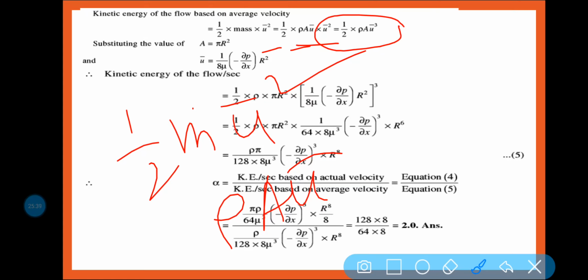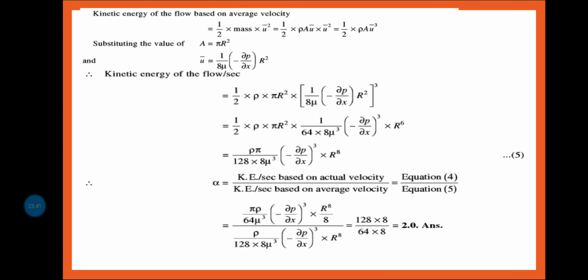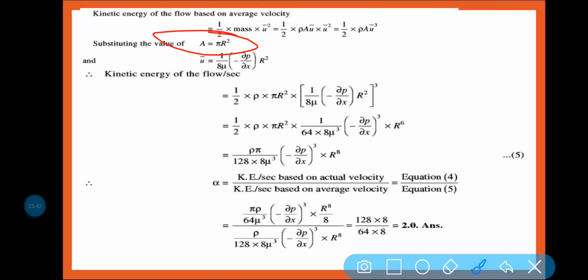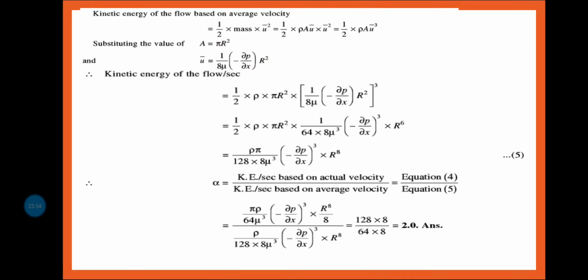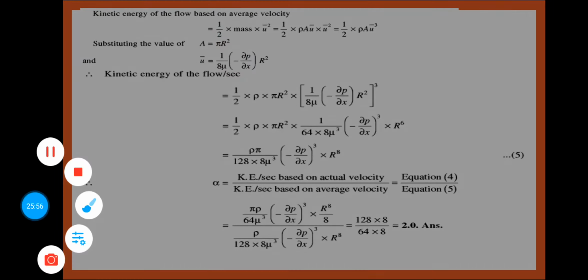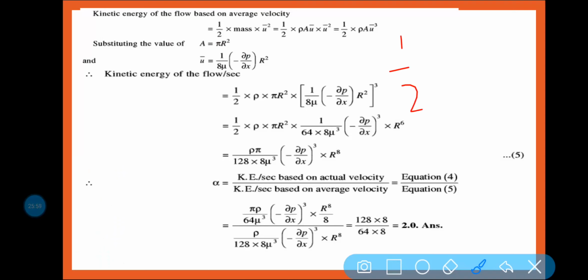Okay, so here basically what I have seen, the area is equal to pi r square, and average velocity is 1 by 8 mu into minus del p by del x into r square. So kinetic energy of the flow per second, how we can find out, half m v square.